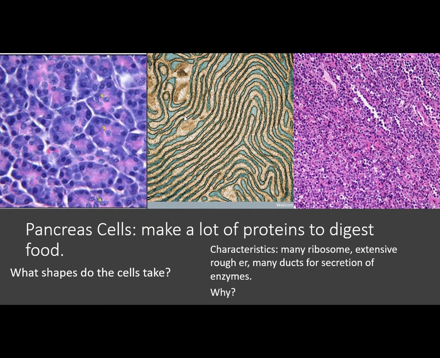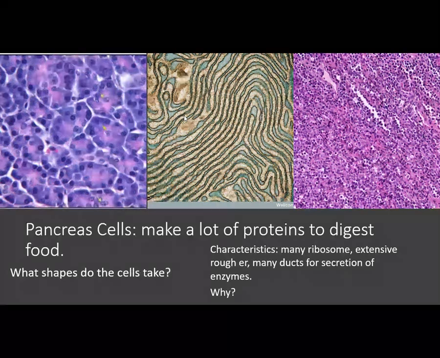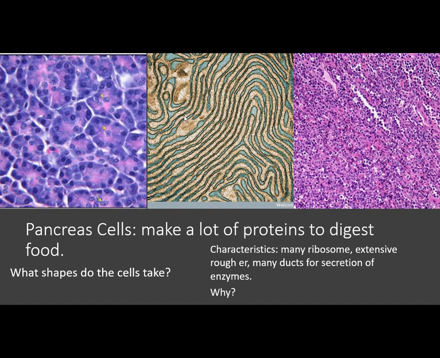All right, pancreas cells. They make a lot of proteins to digest food. Their characteristics are they have many ribosomes, extensive rough ER, and again, rough ER is making proteins, secretory proteins, and membranes.